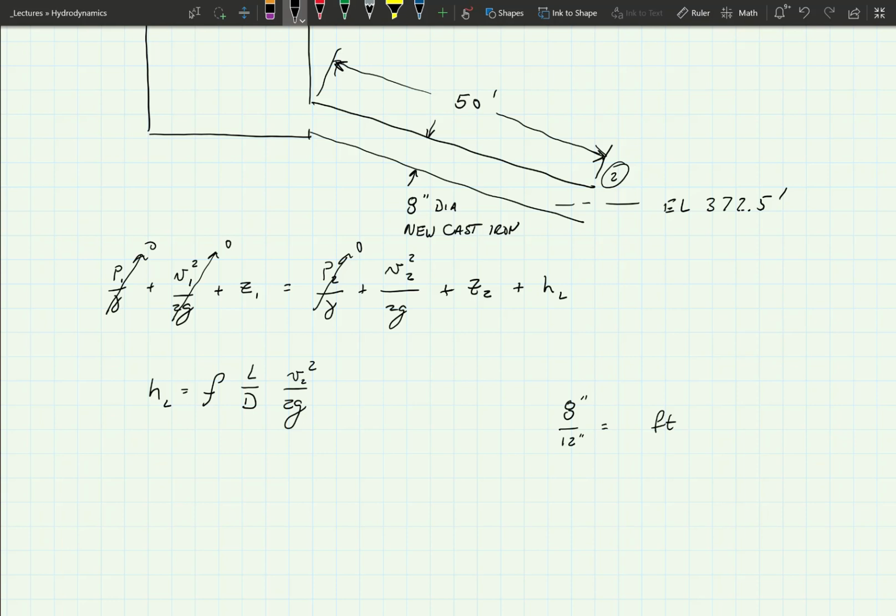Calculator time, unless you want to do the math and reduce it. 2/3. So 2/3 is what in terms of decimal? 0.67. Close enough. Okay. So 0.67 feet. That'll make our lives a little easier and we don't have to do any conversions later on.